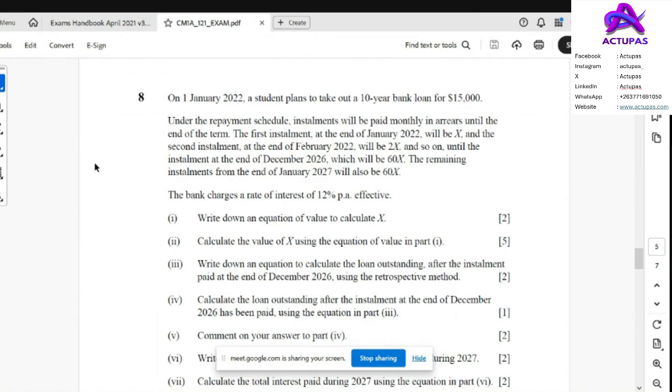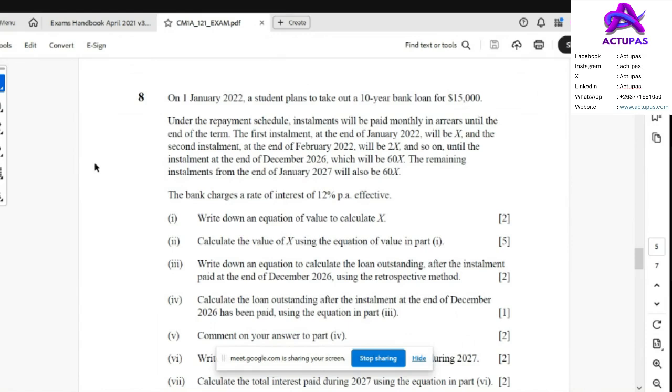The first installment at the end of January 2022 will be X, and the second installment at the end of February 2022 will be 2X, and so on until the installment at the end of December 2026, which will be 60X. The remaining installments from the end of January 2027 will also be 60X.